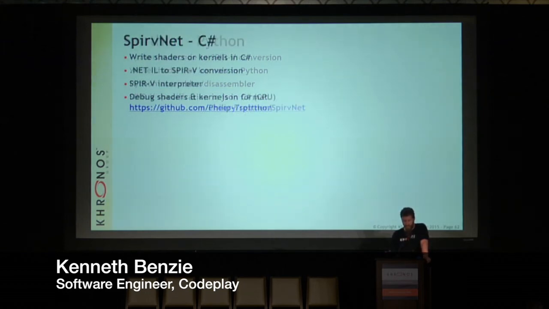So there's also a very similar project for C#, and this is converting .NET IL to SPIR-V, and includes an interpreter as well. The intention, although I don't know if it's implemented yet, is to be able to debug shaders and kernels from C#.